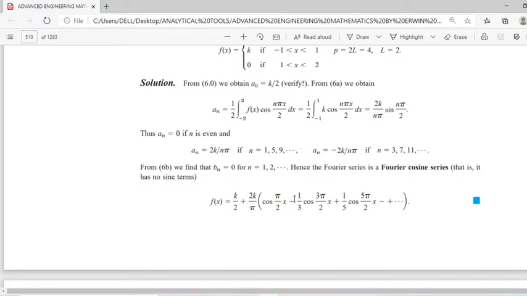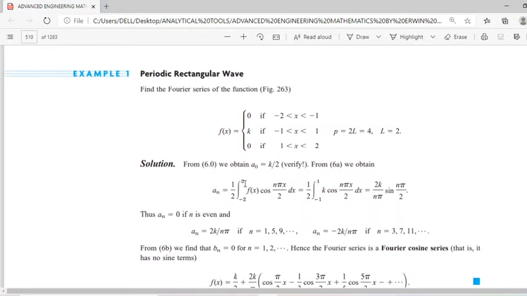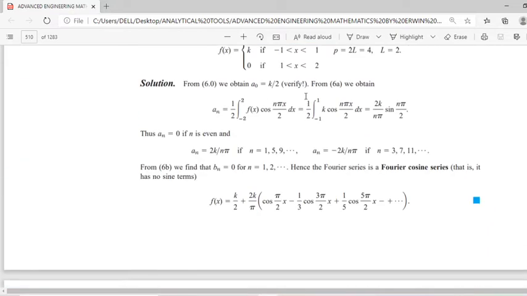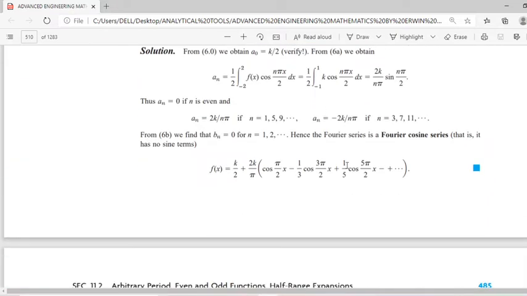So we will have only the an terms. You can substitute those an terms here, and bn equal to 0. Then you will get the series like this. So you have to verify this problem.